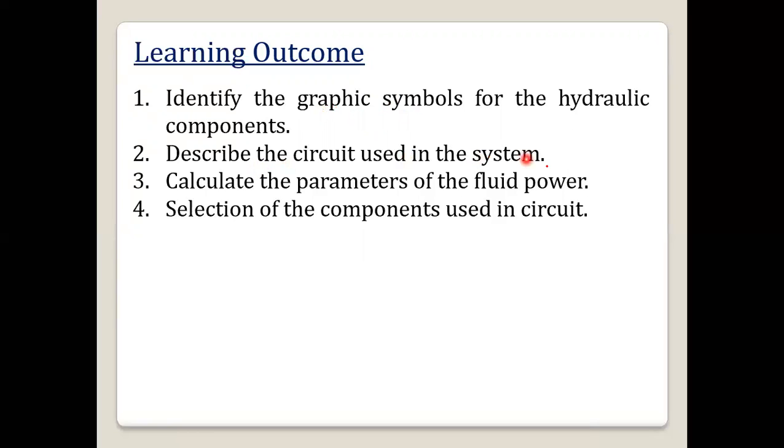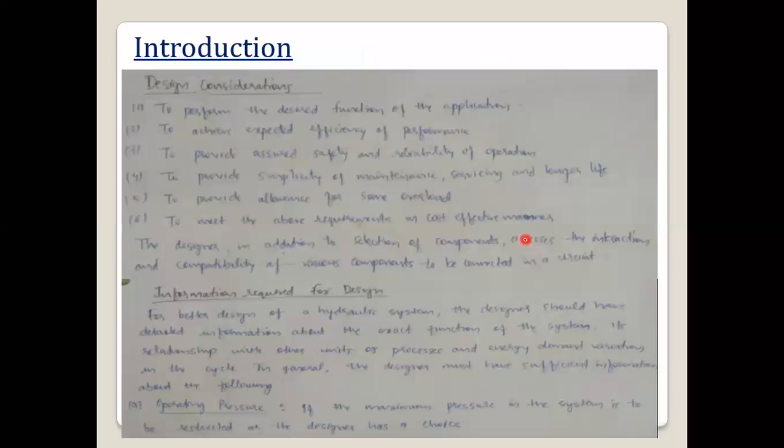Then we should be able to describe the circuit used in the system, whether it is a meter-in circuit or a meter-out circuit. Then calculate the parameters of fluid power, like discharge, velocity and power. Lastly, we have to select the components used in the circuit.